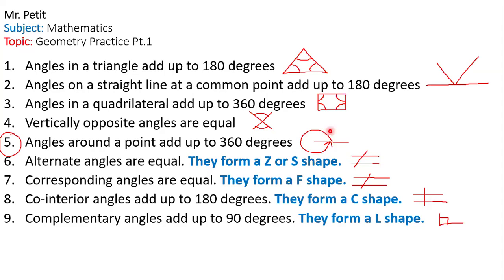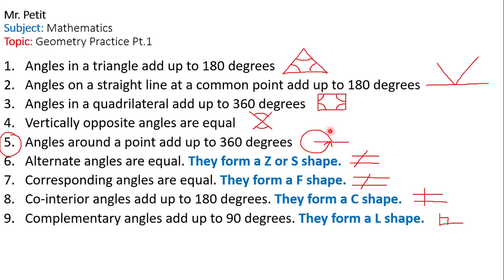All right, so quickly, we know that angles in a triangle add up to what? 180 degrees. Angles on a straight line at a common point add up to 180 degrees. In a quadrilateral, the sum of the angles is 360 degrees. Angles around a point add up to 360 degrees. Vertically opposite angles are equal. Corresponding angles are equal.